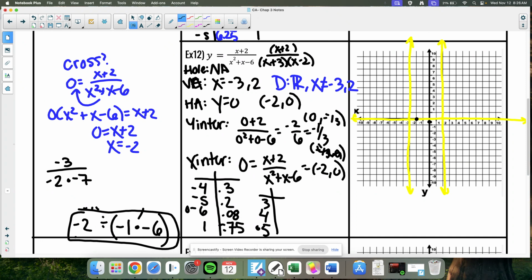Three? Three. 4. 0.4. 5 if anyone did it.